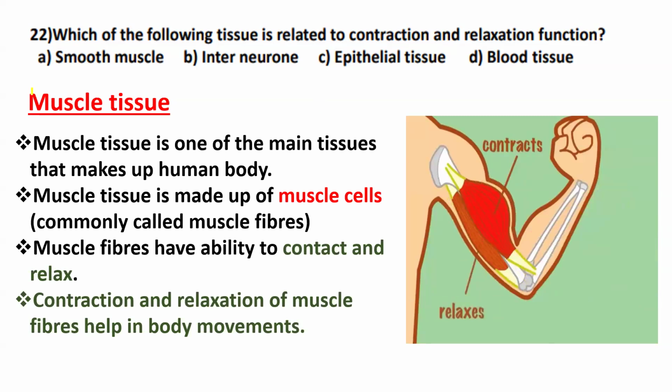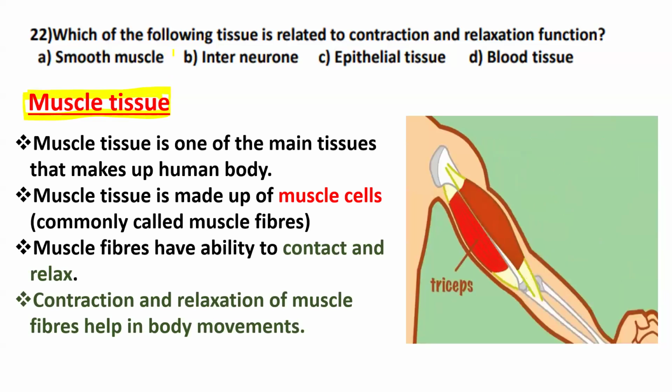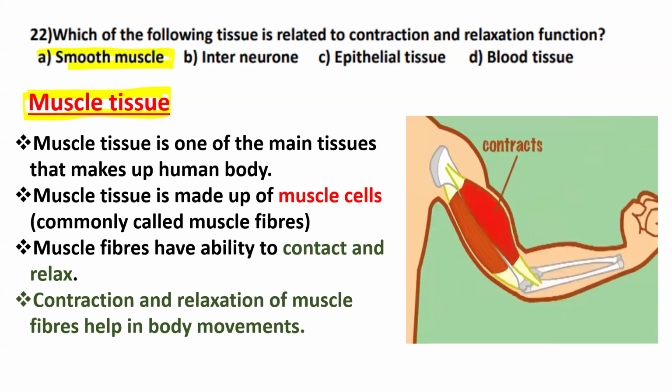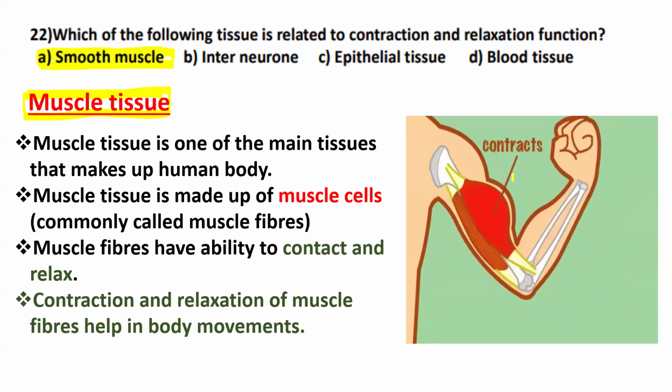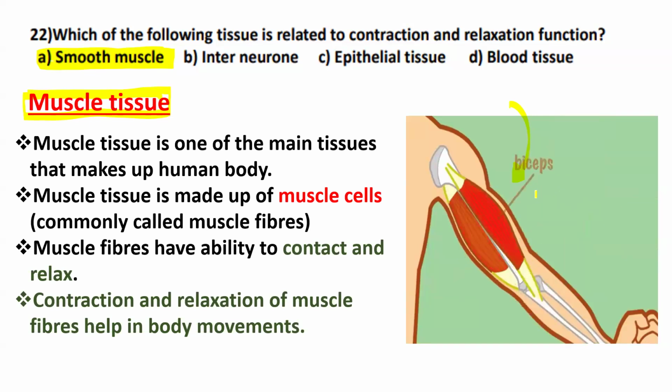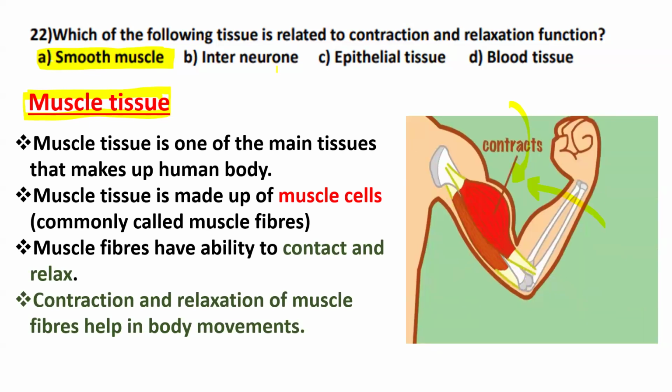Here the answer muscle tissue is not given, no. Have they given any examples? Yes, smooth muscle, then we'll select that. Here they have shown the example of a skeletal muscle. Your bicep muscle is a skeletal muscle. Contraction makes this one move this way.